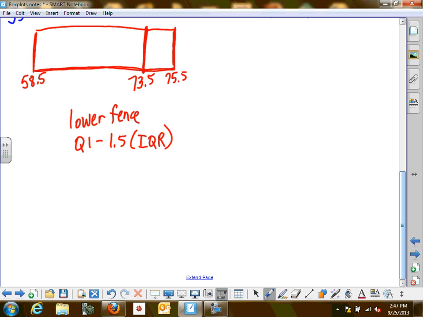Q1 was 58.5, minus 1.5 times the IQR. We already computed the IQR a minute ago, and that was 17. So when I get that value, that is 33. So the outlier fence is at 33, and anything below that is going to be an outlier.